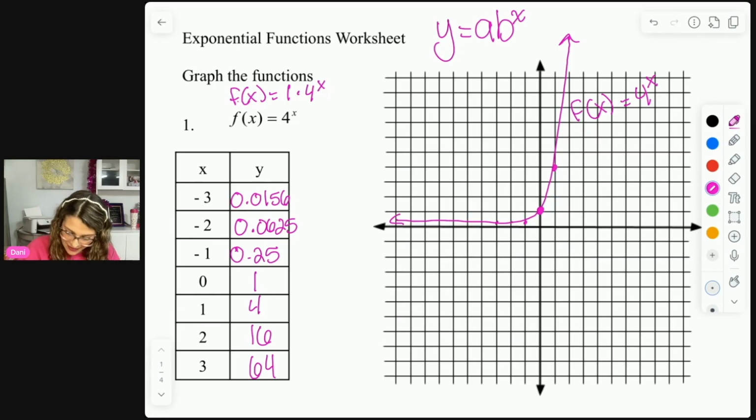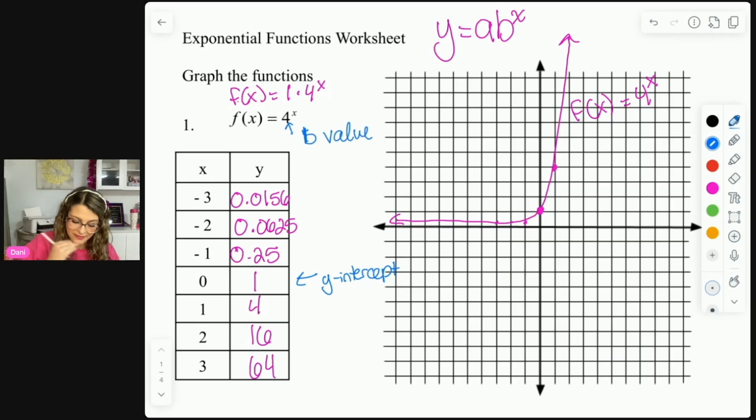Okay, so let's identify some pieces of information here. So if we're looking at that y equals ab to the x, your a value or your initial value, that's really your y-intercept, which is right here. So let's label that as your y-intercept. And then our growth factor, that's your b value.